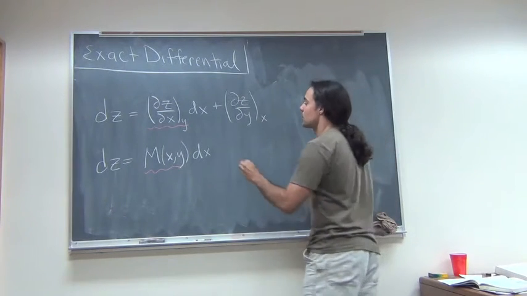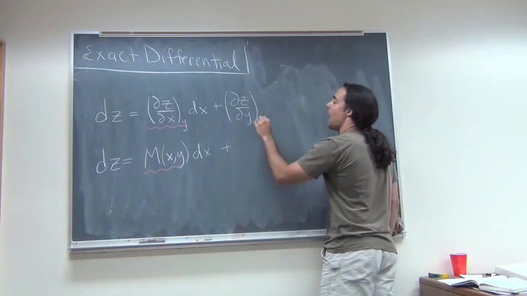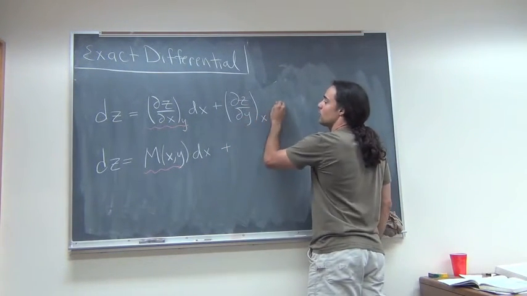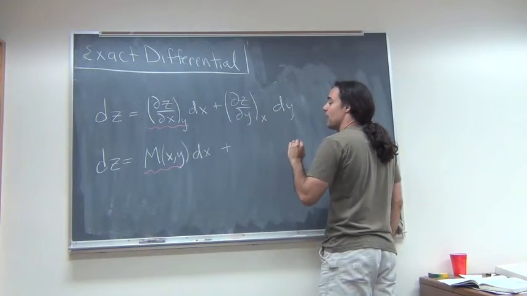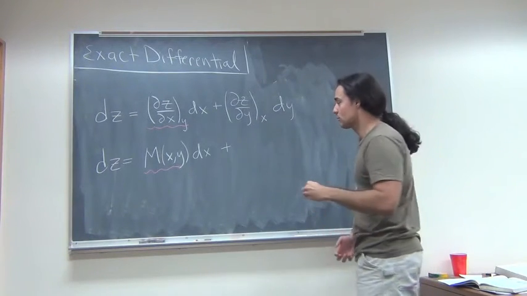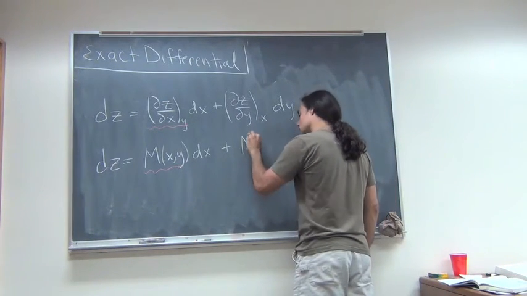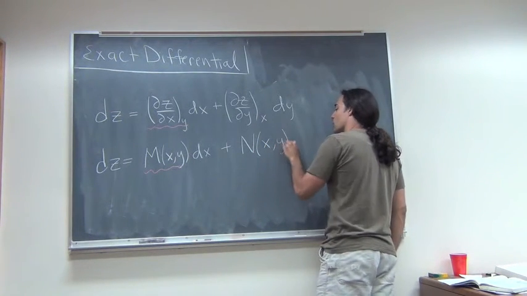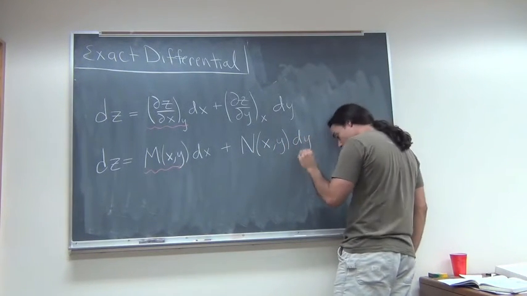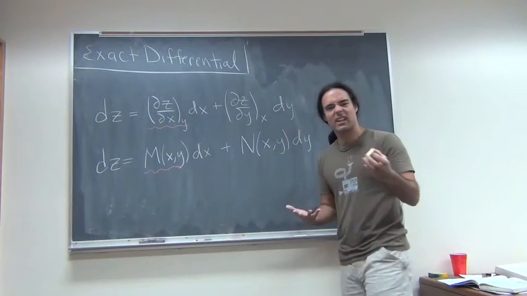Similarly, I can take dz/dy at constant x, and I will write that as some other function. I'll call that N as a function of x and y, dy. So again, I'm just giving it a nickname.